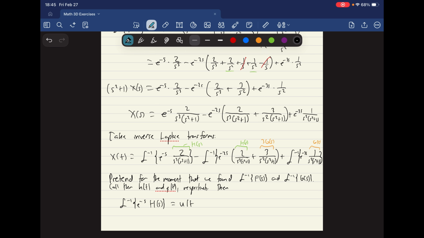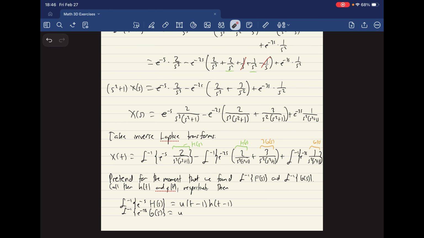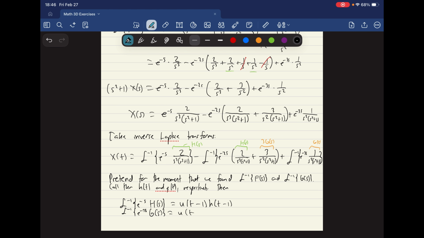this will be u of, well, here the exponent in front of the s is 1, so it'll be u of t minus 1, h of t minus 1. And then L inverse of e to the minus 3s times g of s equals, well, now this is 3, so this will be u of t minus 3, g of t minus 3.